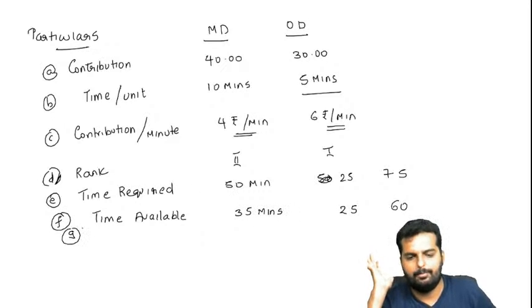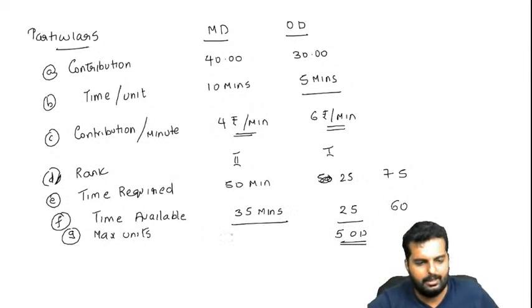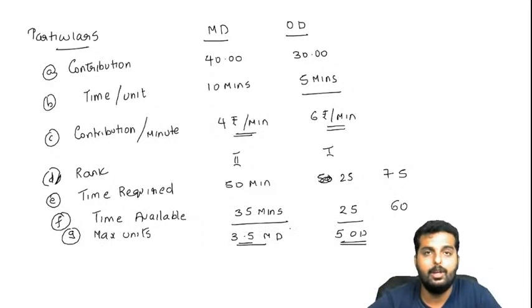Okay. So from this, maximum units which I can produce would be, I can produce the entire 5 onion dosa. But in 35 minutes, I can make only 3.5 masala dosa. For the time being, I am assuming that the owner has no problem in having half masala dosa. Alright? Can you write down this in your books now, all of you?